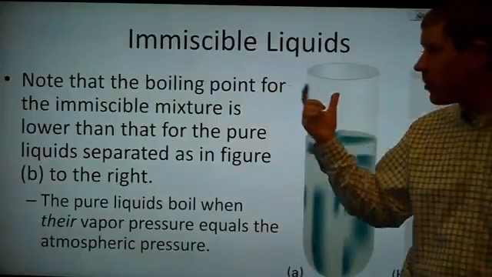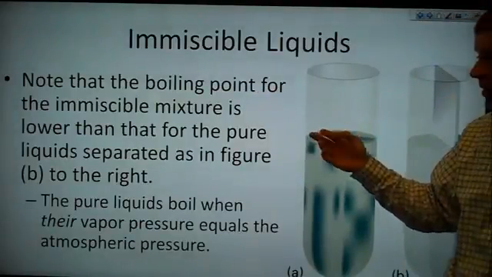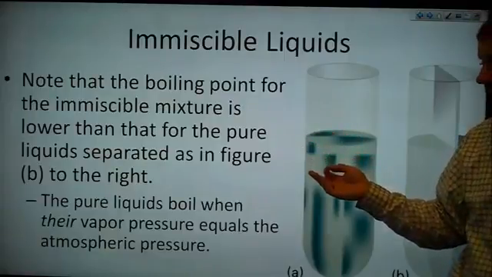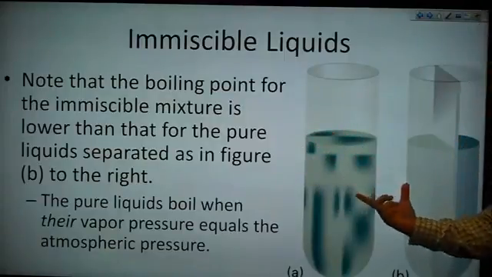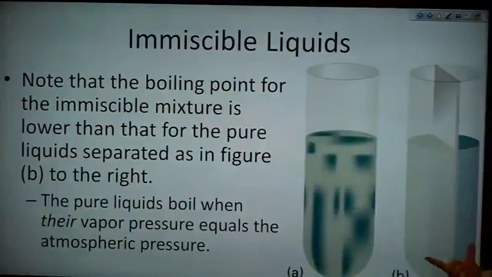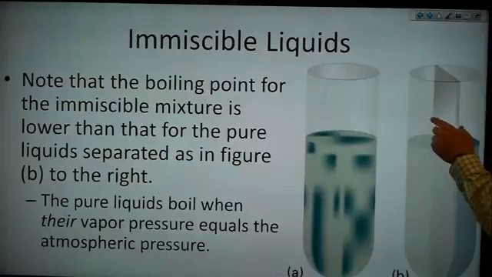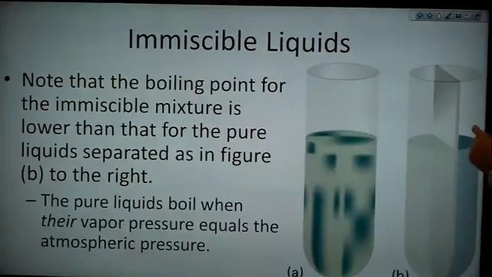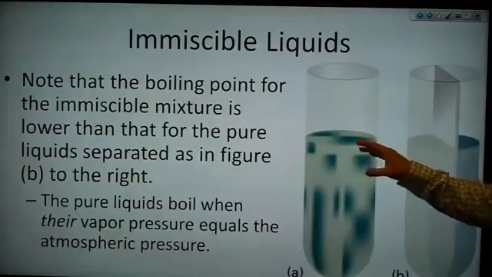So note that the boiling point for the immiscible mixture is lower than that for the pure liquids separated. So the boiling point for this mixture is going to be less than the boiling point for this case, if we have, say, a test tube and we divide it down the center and we put pure A on the left and pure B on the right. The boiling point here is going to be different than the boiling point over here.